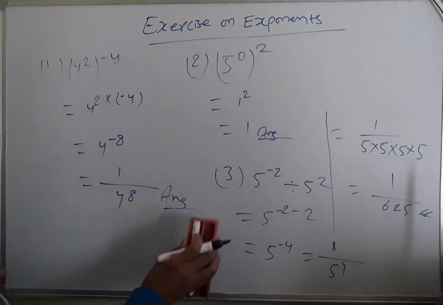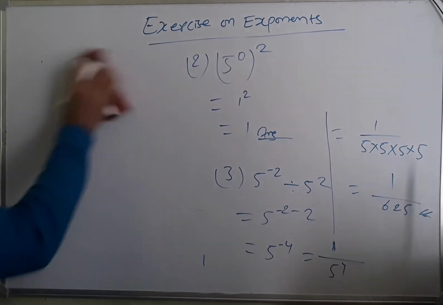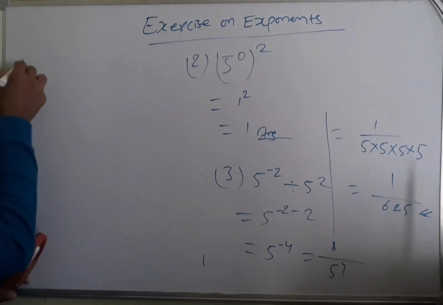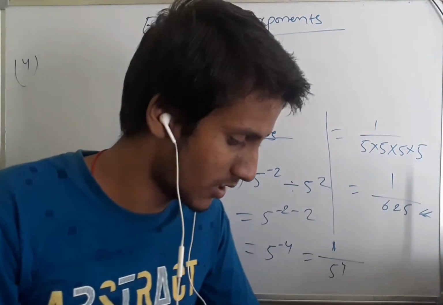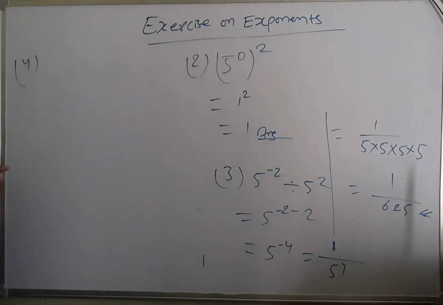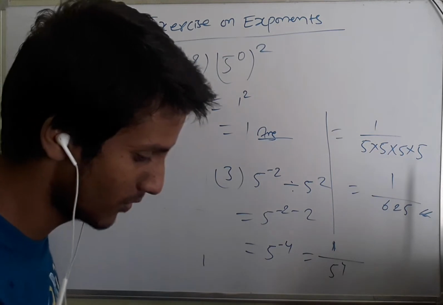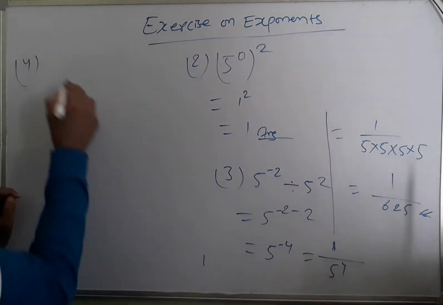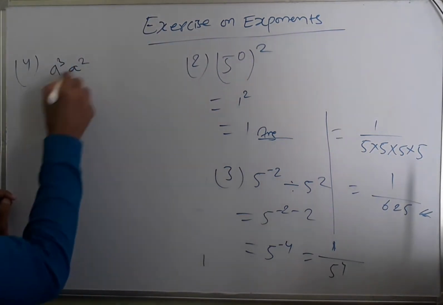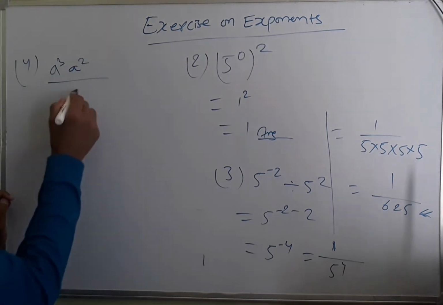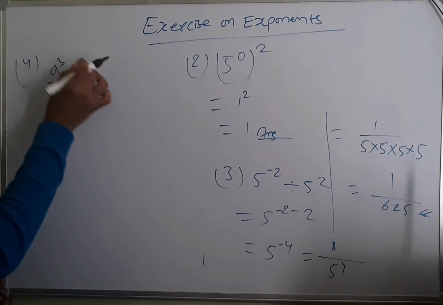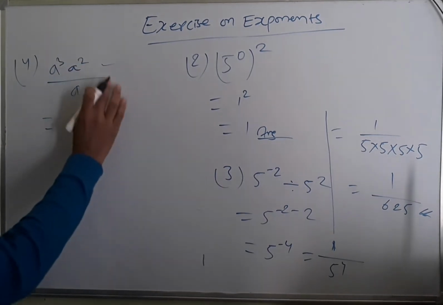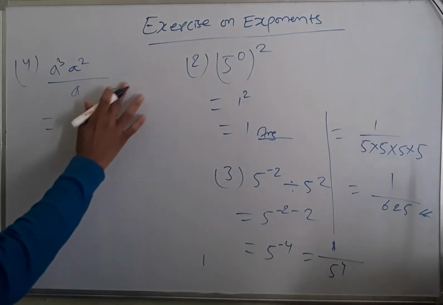Let's move on to the next problem, number 4, and you should practice along with me. Even before I do this, you should try to do it before me. Number 4 is a cubed times a squared, divided by a. Here you have multiplication above and division below in the denominator.